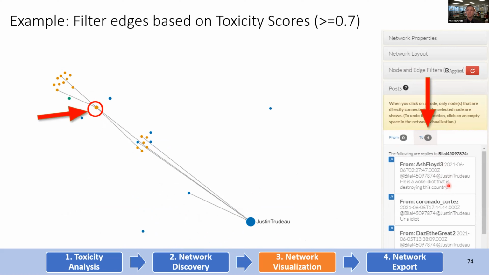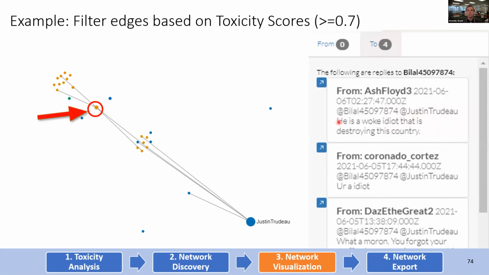I'm not going to read them, but I'm going to zoom in here. You can see they use profane language. So it's quite understandable that toxicity scores for these messages, for these interactions, were quite high. And as a result, that's what you see on the screen.